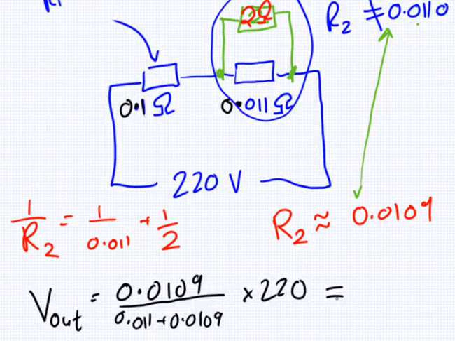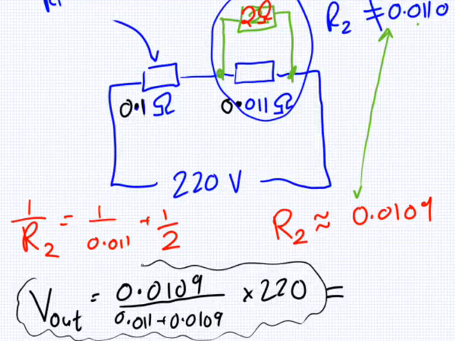I'll draw it for you. So here's the idea. You have something like a plug. This is 220 volts. And then here you have an R1 and here you have an R2. Like this.